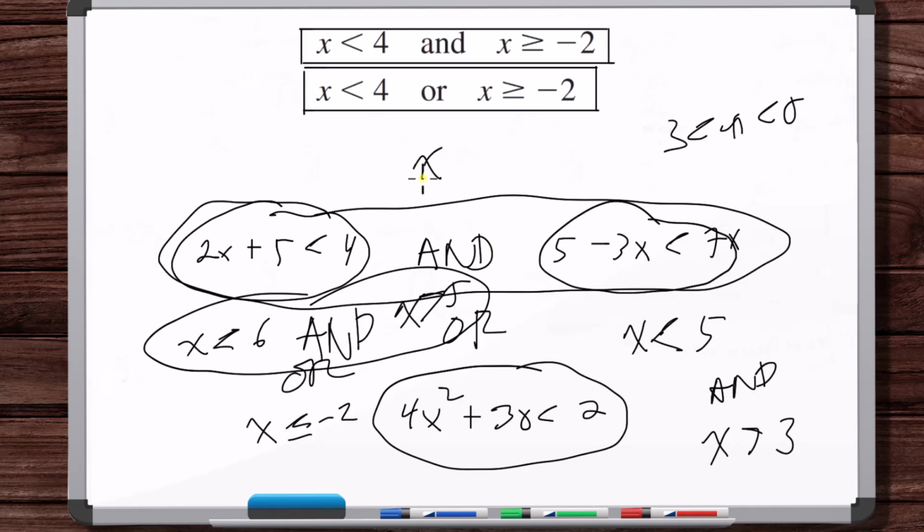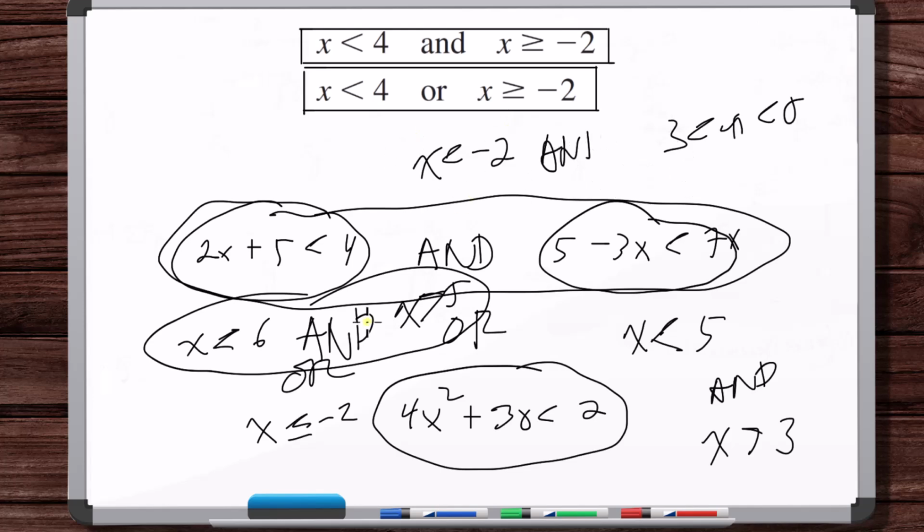Or if you had x is less than -2 and x is less than 10, well, then look at the overlap here. All you have to say is x is less than -2. You don't need the x is less than 10. Or if this was an or, then you could just say x is less than 10. You don't need the x is less than -2. That would be redundant.